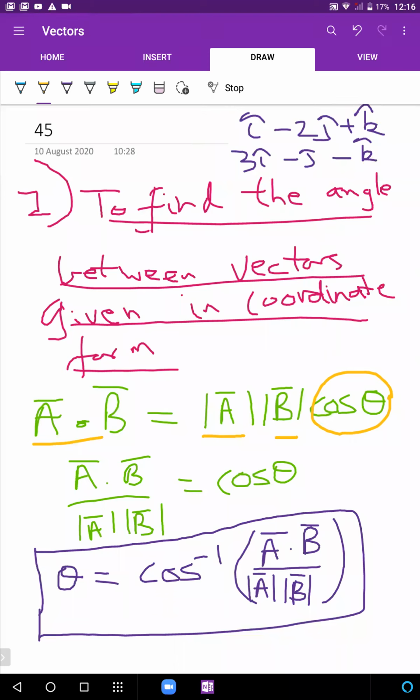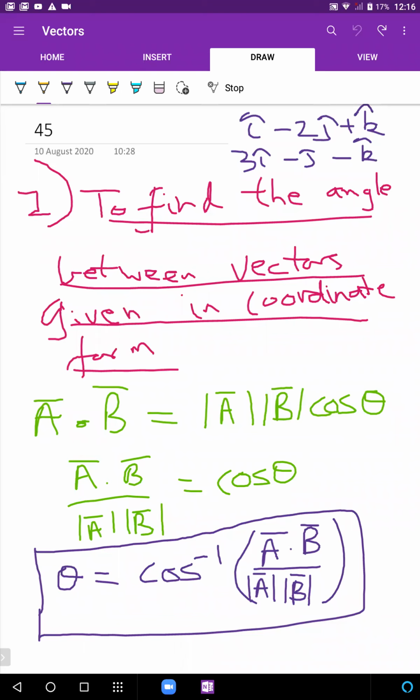And that is what we want to find. We want to somehow find the angle. So how do we find the angle? The angle is the dot product of A and B divided by the product of the magnitudes of A and B. So cos theta is A bar dot B bar upon mod A bar into mod B bar.